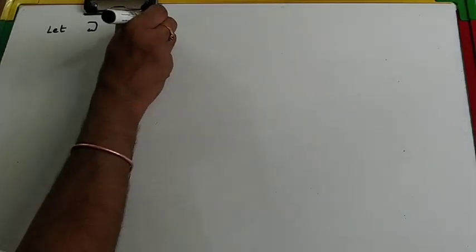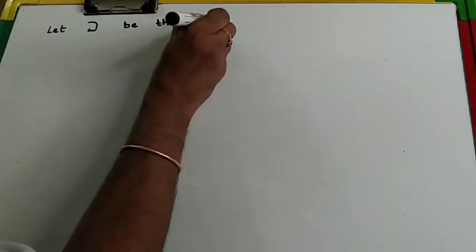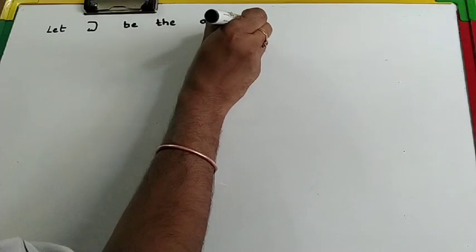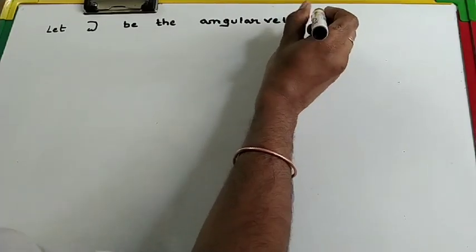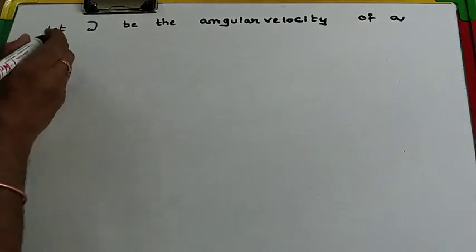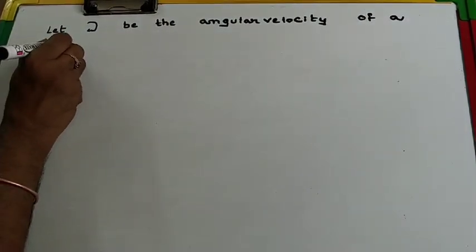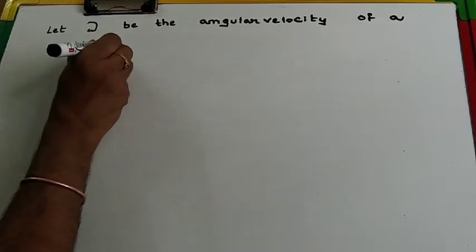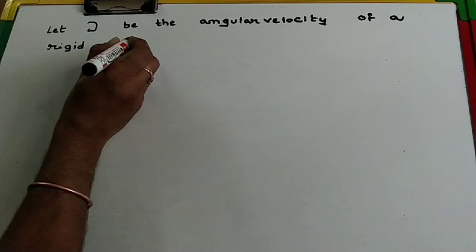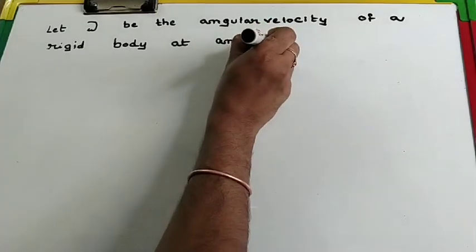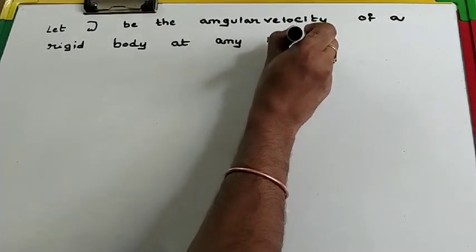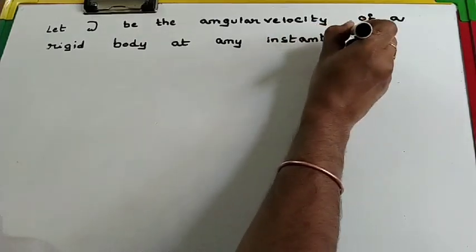Now let omega be the angular velocity of a rigid body at any instant small t.